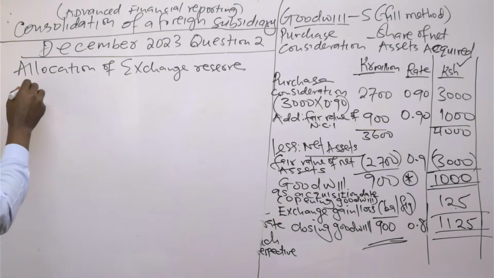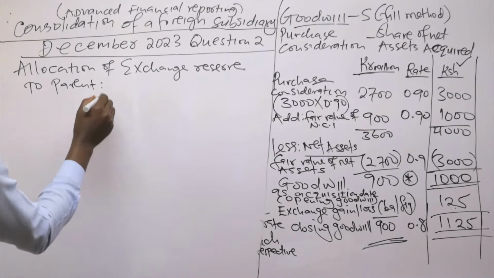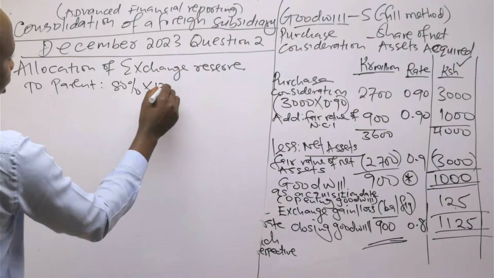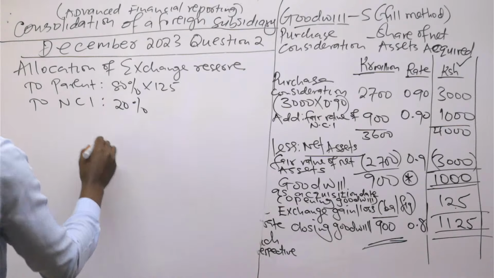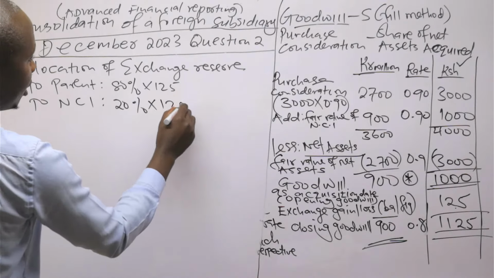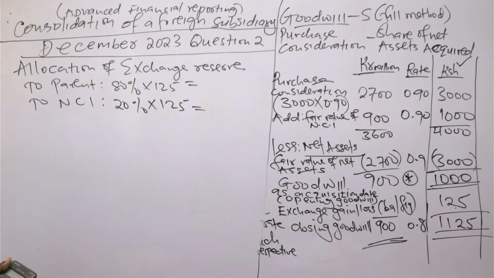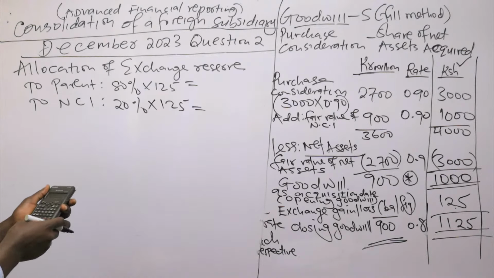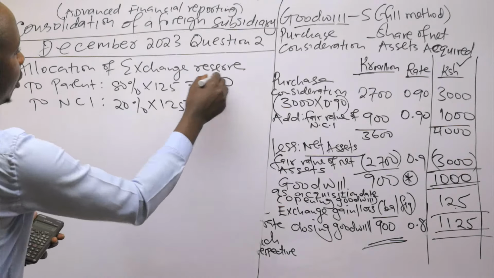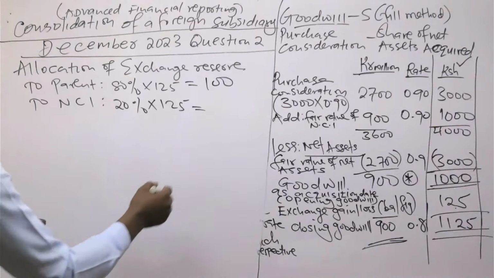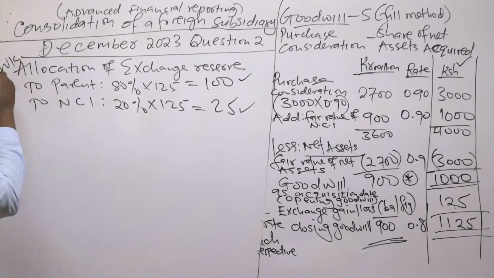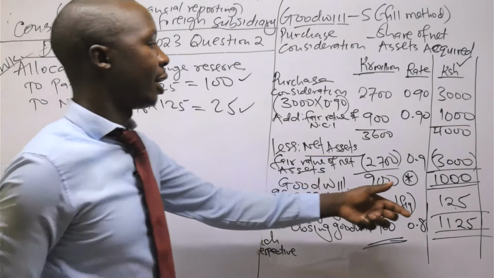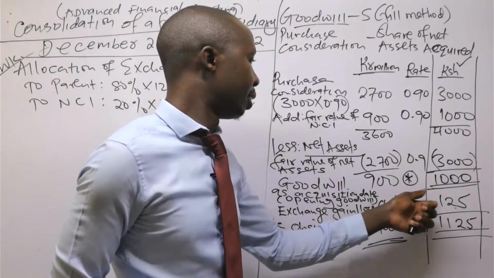To the parent, you say 80% of 125, and the NCI takes 20% of 125. So 0.8 times 125 is 100, which goes to the parent, and the balance of 25 is attributable to the NCI. These are just workings, and this one will be important at some point. But for the goodwill, we were done at the earlier stage, at the point of 1,000.